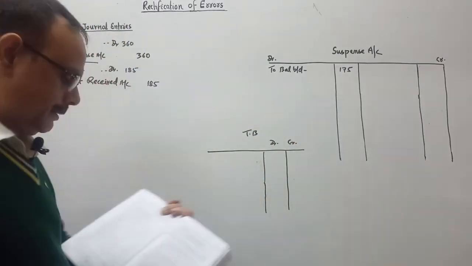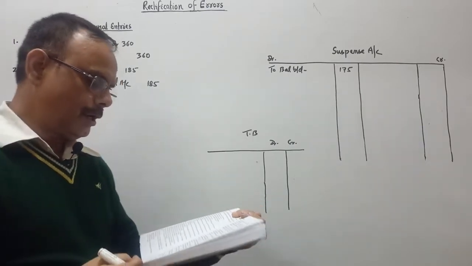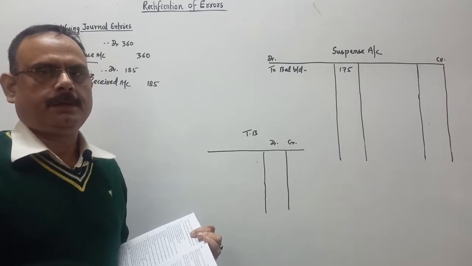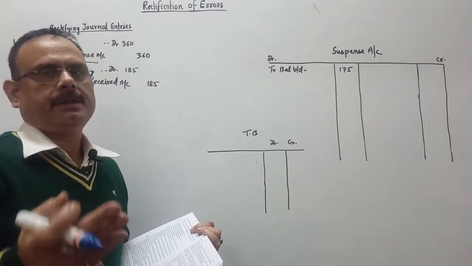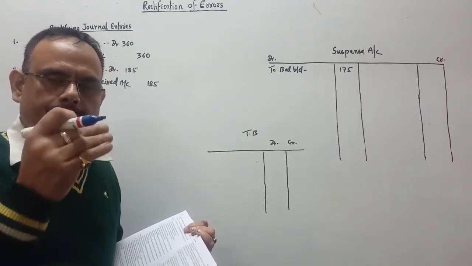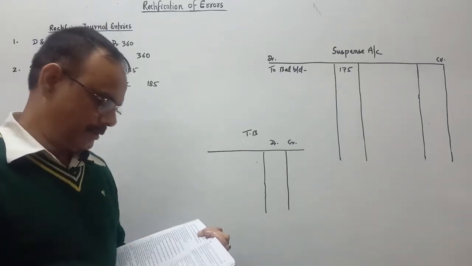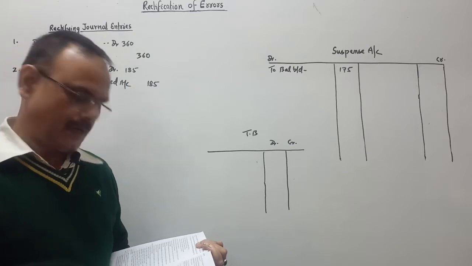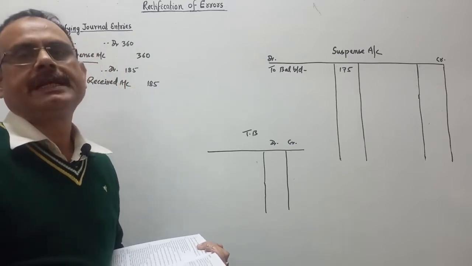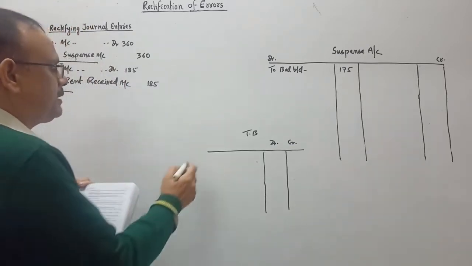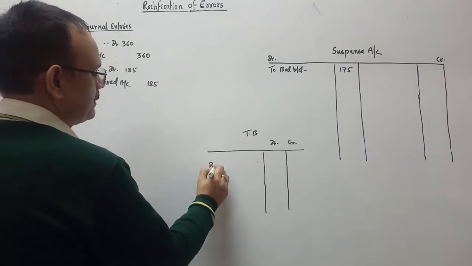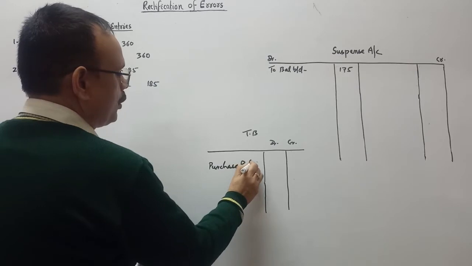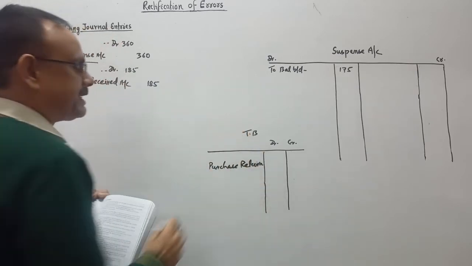Now see the third transaction. The total of the return outward book. Return outward book means purchase return; it is also called the purchase return book. So the total of the return outward book, amounting to rupees 200, was not posted to the ledger, meaning it was not posted to the purchase return account.